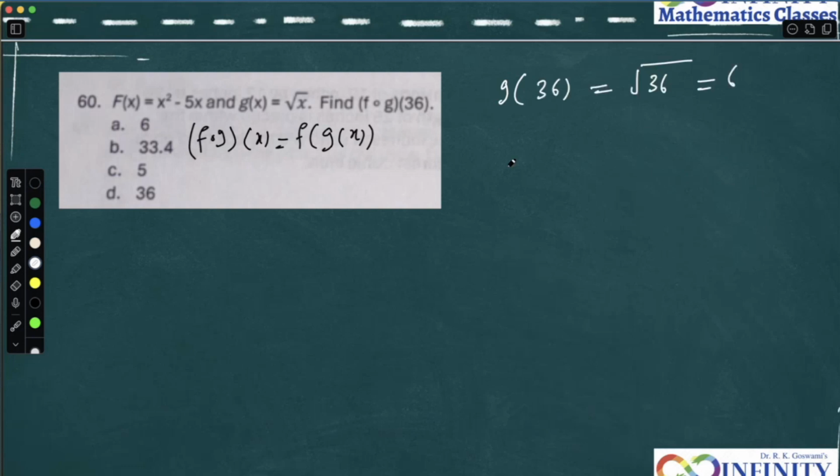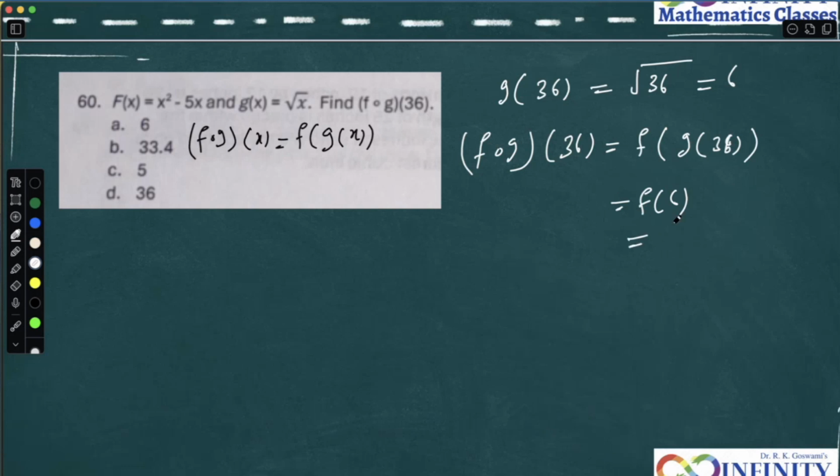Is it 6 only? Then fog of 36 stands for f of g(36), which we have obtained like f of 6. Get the value of f of 6. Wouldn't it be like 36 minus 30, which is 6?